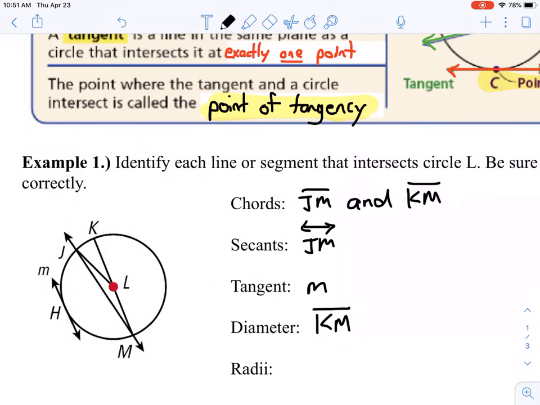And then the radius, we could either say that it's LM or LJ or LK.